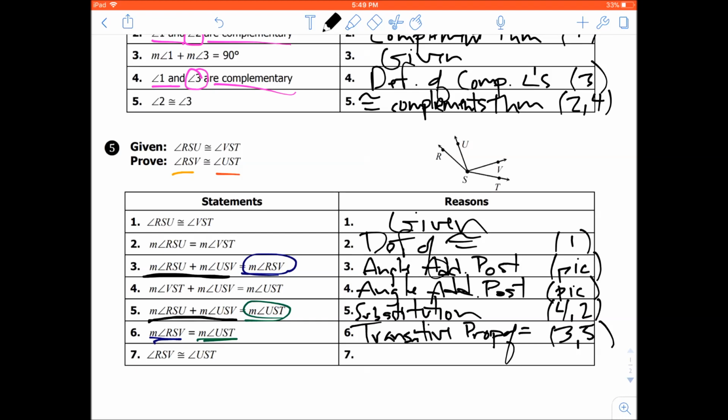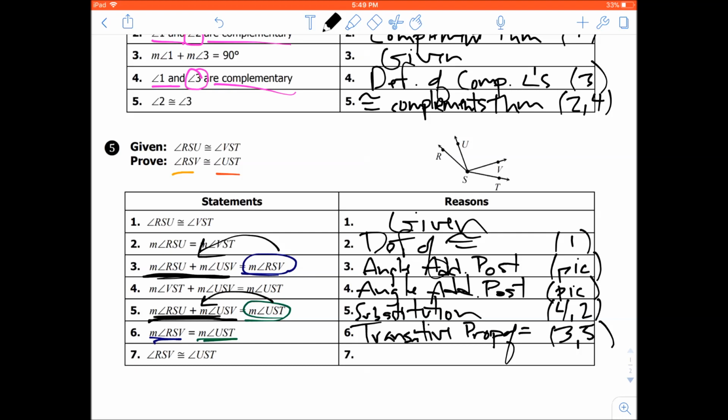I'm going to go over that one more time because the transitive property is the hardest one to find, but it is the most important. So I look back to where this RSV came from. I see the RSV up in 3. I look, oh, RSV was equal to all that stuff. I look back to where the UST came from. The UST is here in 5. It was equal to all that stuff. Guess what's true about all this stuff in 5 and all this stuff in 3?